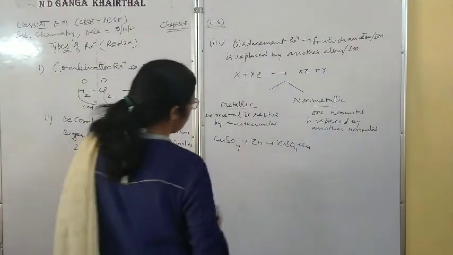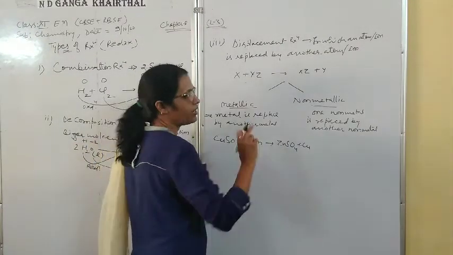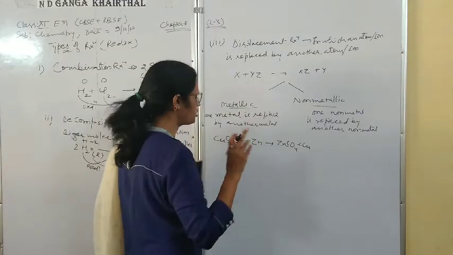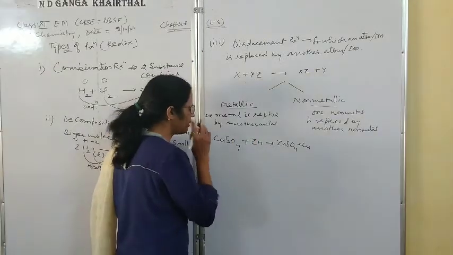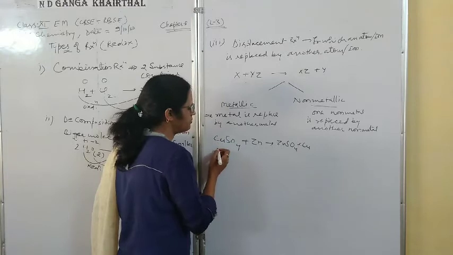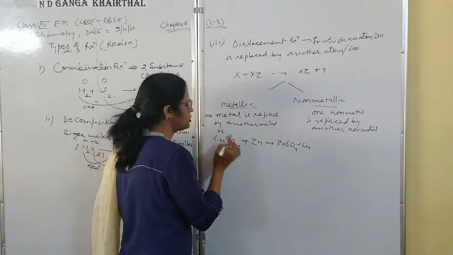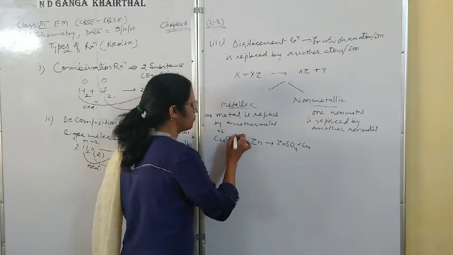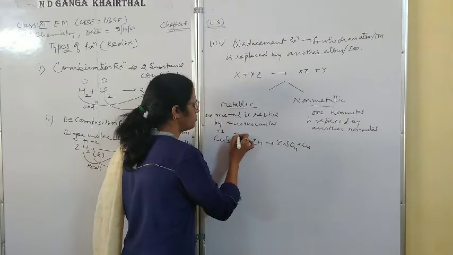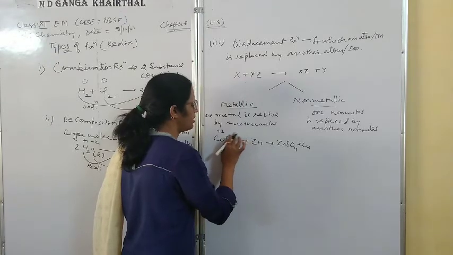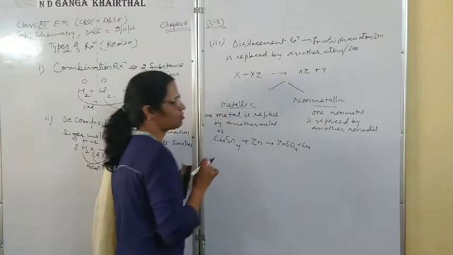You have to find out the oxidation number of each and every element or atom. Here copper is plus 2, oxygen is minus 2. For example, in sulfate, oxygen is minus 2.